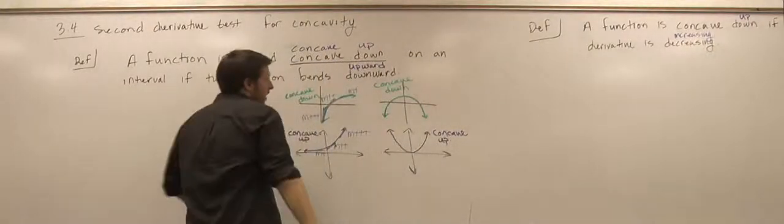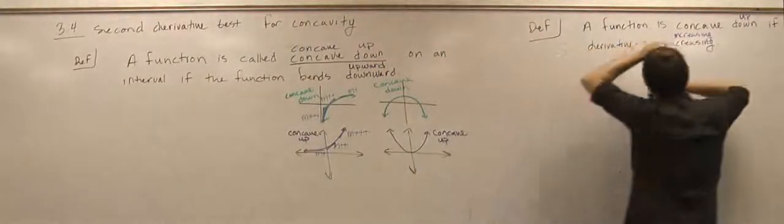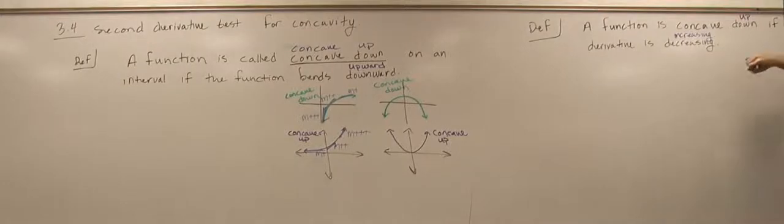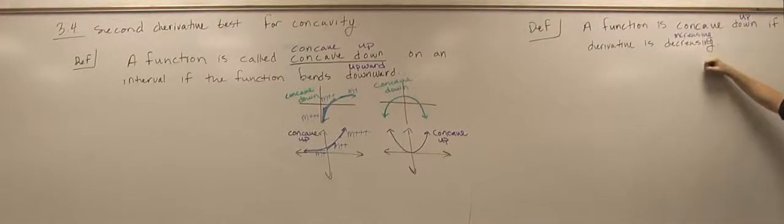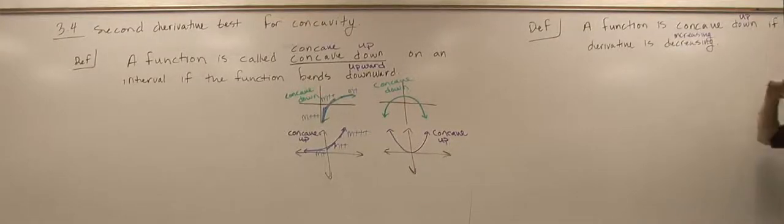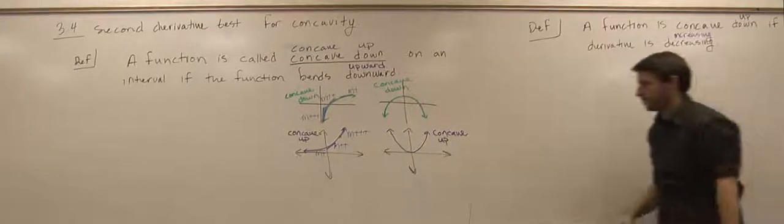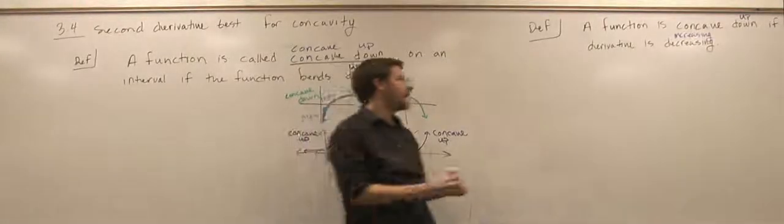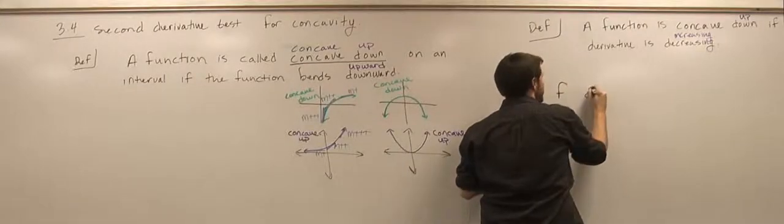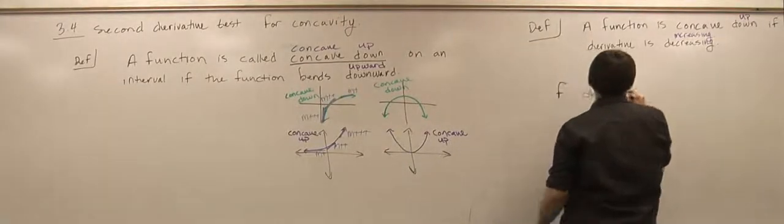By the way, I said if the derivative is decreasing. So when a function is decreasing, its derivative is positive or negative? When an original function is decreasing, what can you say about the derivative?